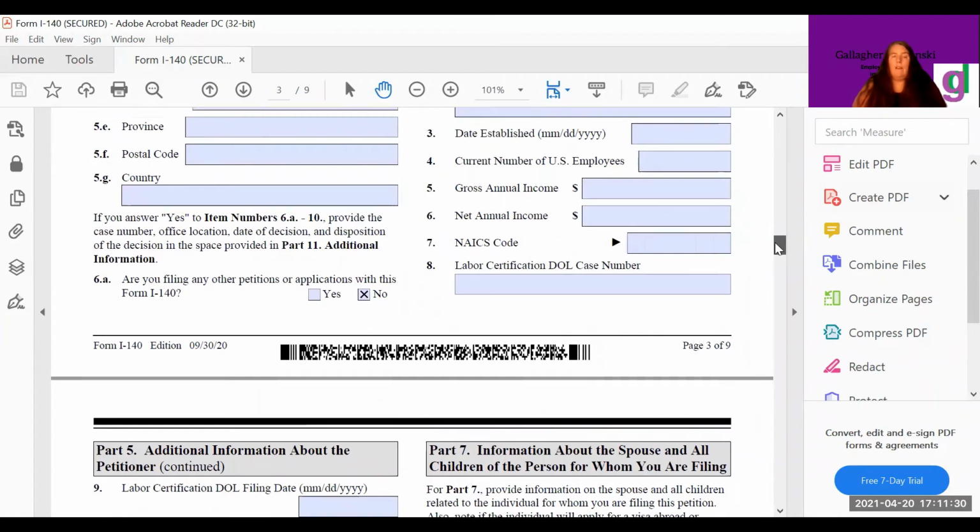Okay, now if you're filing concurrently, so you're filing an I-140 and the I-485, then you would check yes here. But if you're just filling out the I-140, then you would check no. So I checked no here, because I'm considering that we're just filing the straight self-petition I-140.